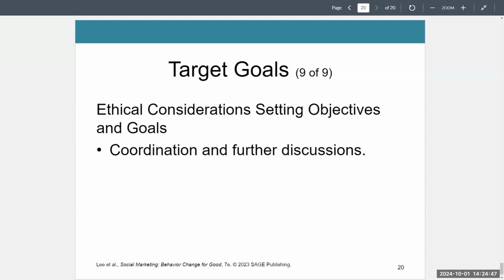So make sure that there is no harm being done to the people, that there's equity and inclusivity, there's transparency and honesty, there's beneficence, which is goodness, right? Doing good, and non-maleficence, which is avoiding harm. And make sure that there's accountability as well.